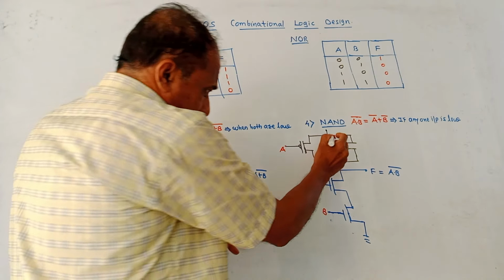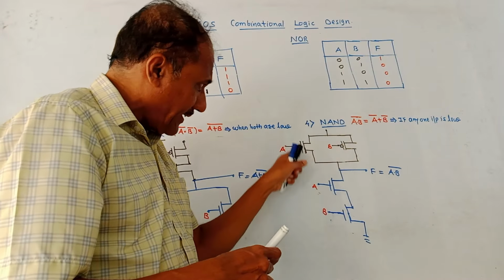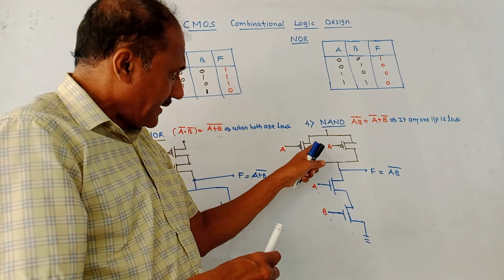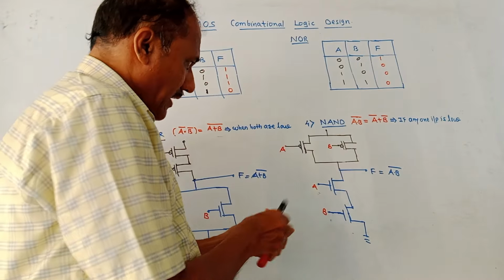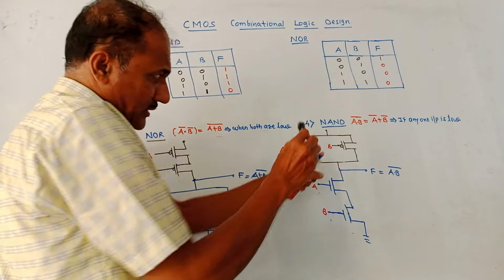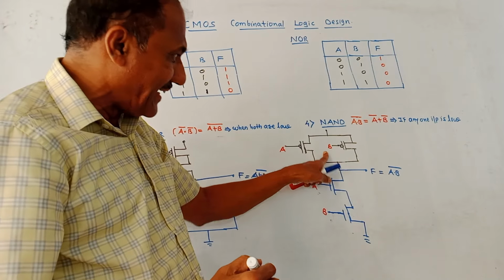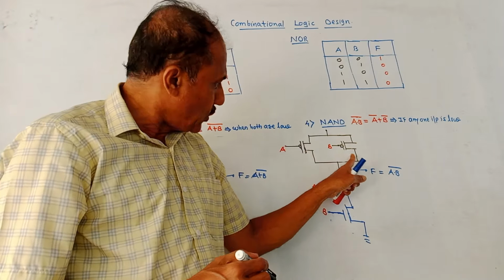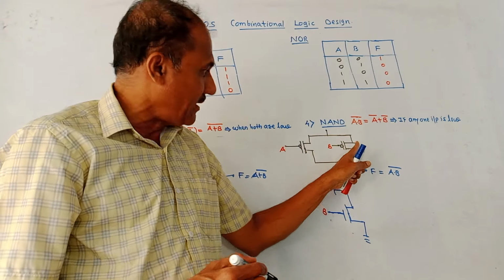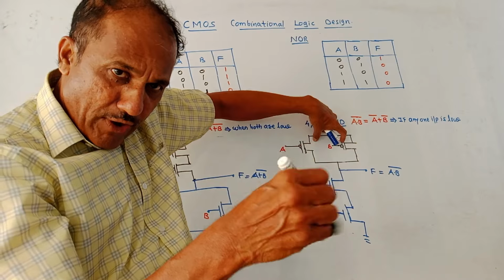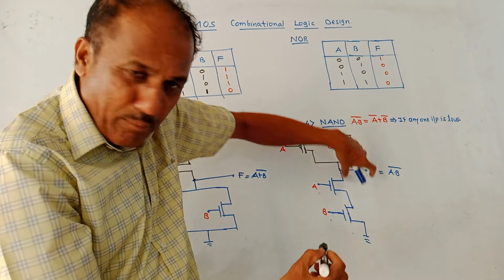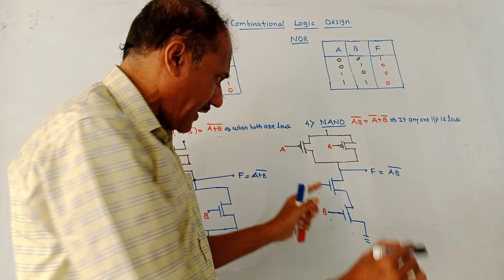Whatever I have drawn with black ink, we have already discussed. This upper circuit gives the effect of the NAND gate. Here we have used two PMOS in parallel. This is PUN. Now if I want to design PDN, take the complement of this. You don't have to do any calculations.